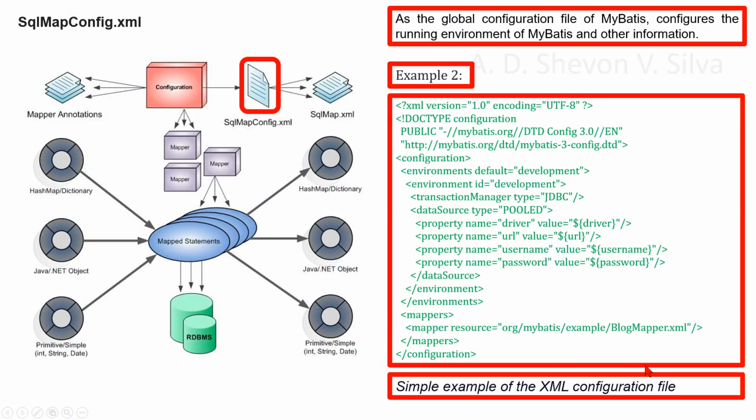The configuration XML file contains settings for the core of the MyBatis system, including the data source for acquiring database connection instances, as well as the transaction manager for determining how transactions should be scoped and controlled.